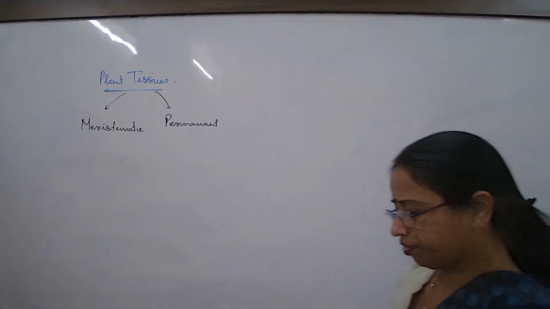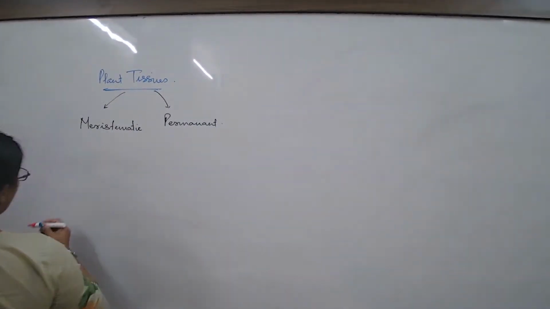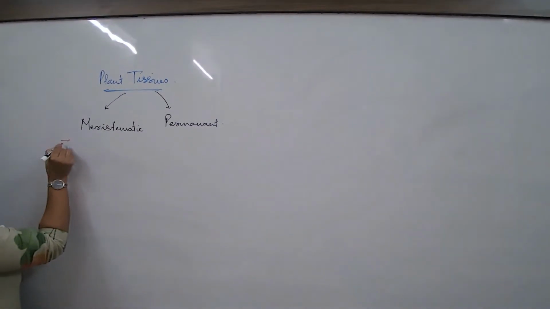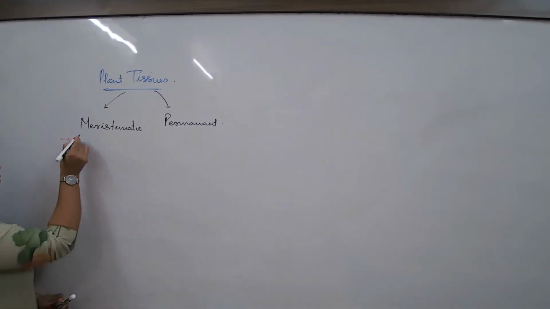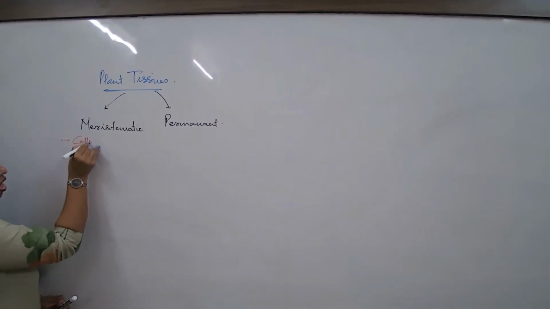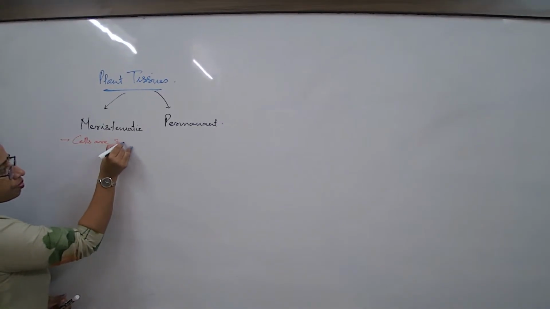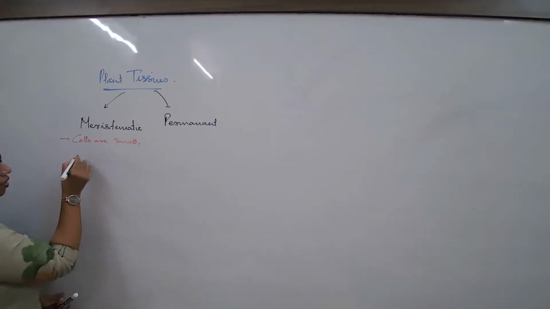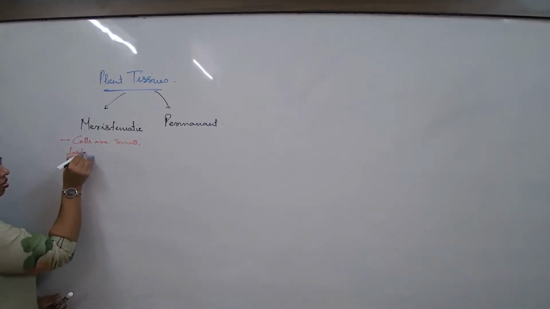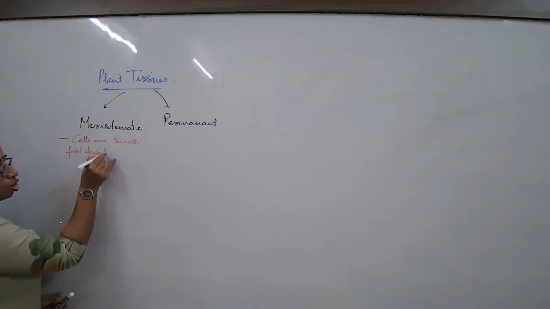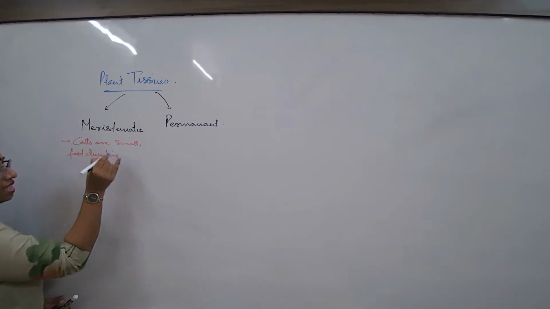So now, talking about some major features of the meristematic and the permanent tissue. Let me talk about meristematic first. Meristematic cells are small, fast dividing cells.